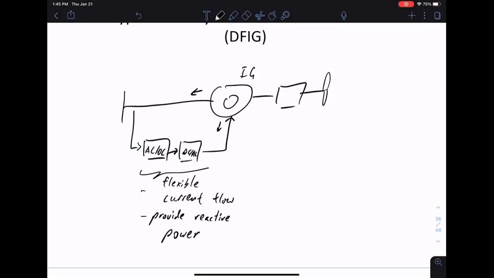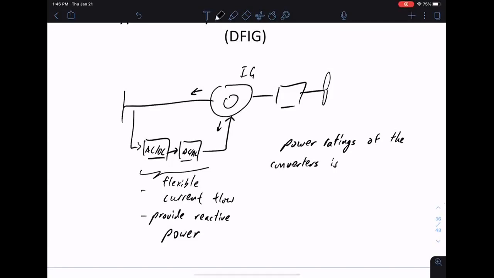In this type of design, this is not a fully gearbox-less design. The power rating of the converter path is about 1/3 of the generator rating.